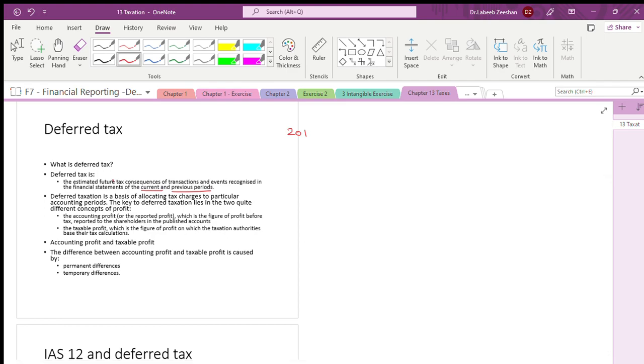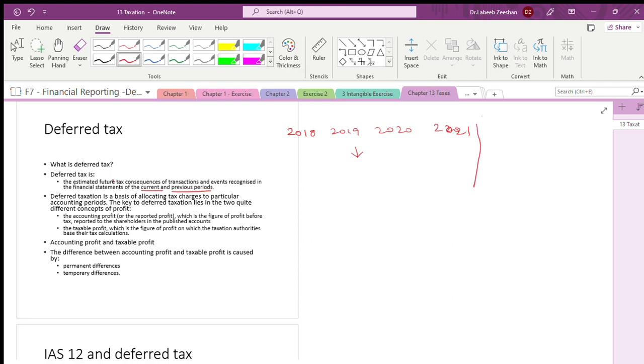We cannot mix up one year's tax with another year's tax: 2018, 2019, 2020 and 2021. If it relates to 2019, we have to make sure that it is shown in 2019 only.